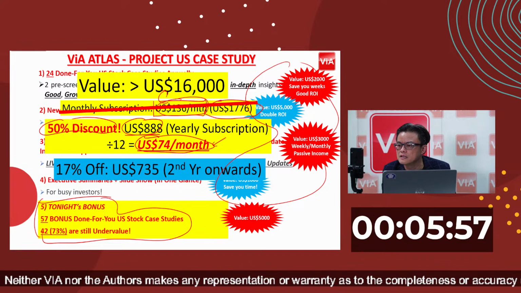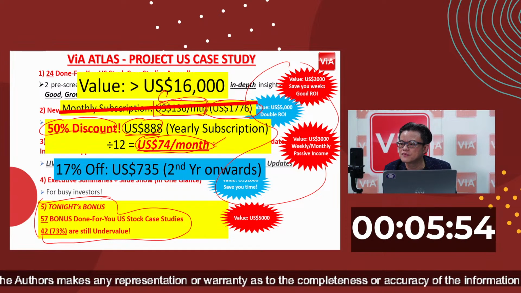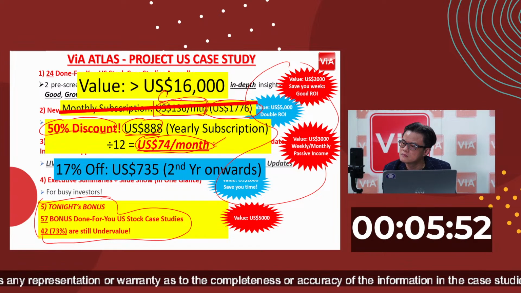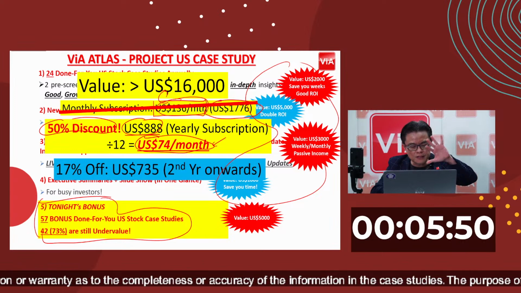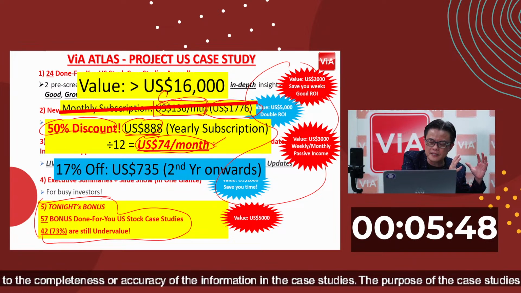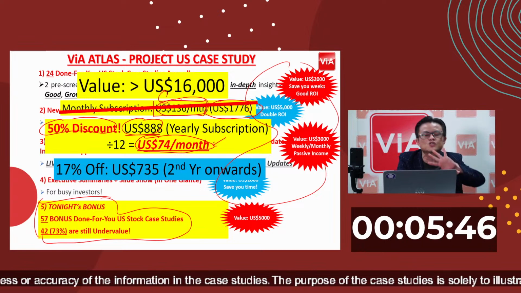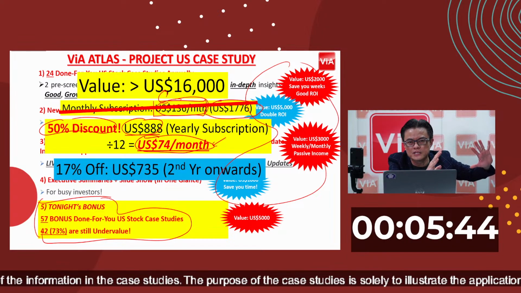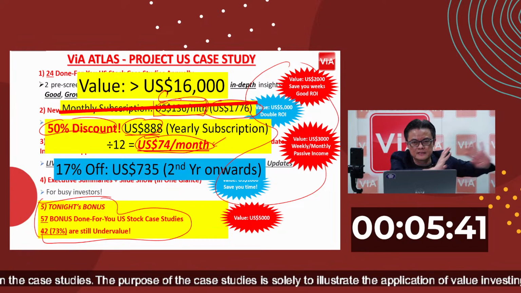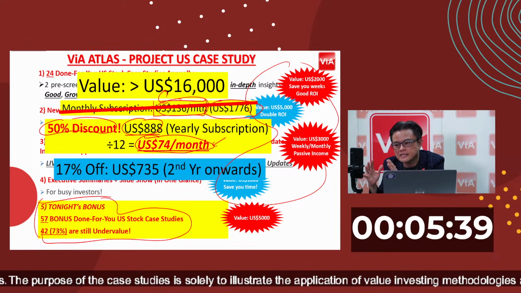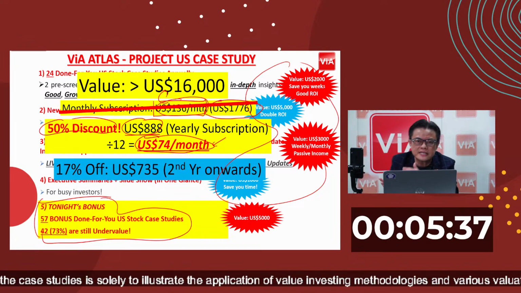So do I need to sign up for another program for this so-called US case study? Okay, Hiroko-san, the 4-day value investing program you did 10 years ago is completed, so we have delivered that part. The US case study is a separate initiative, because 10 years ago we didn't have it.